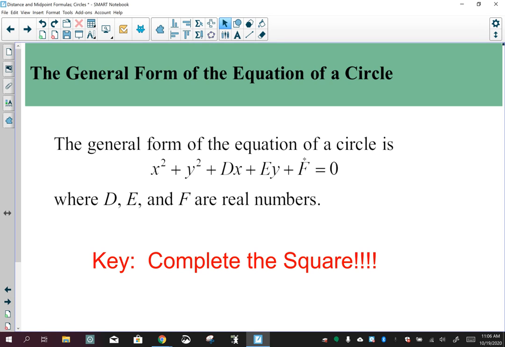So the very first thing you need to do is take this f value, whatever this value is right here, and move it to the other side. And then once you do that, you're going to collect your x terms, and you're going to collect your y terms, and you're going to complete the square. Okay, so that's how you do this. You're going to complete the square when you're doing this. So let's take a look at it.